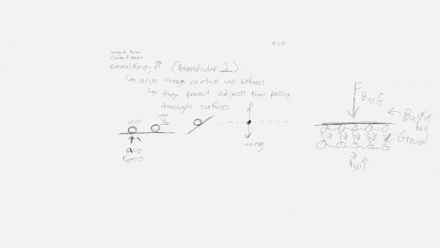And the rule is that a normal force must point perpendicular to the surface. So in our first case, that was up. However, if we go to this second case of a ball on an incline, we notice that the surface direction is neither vertical nor horizontal.